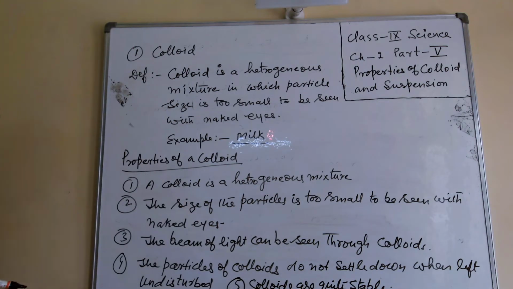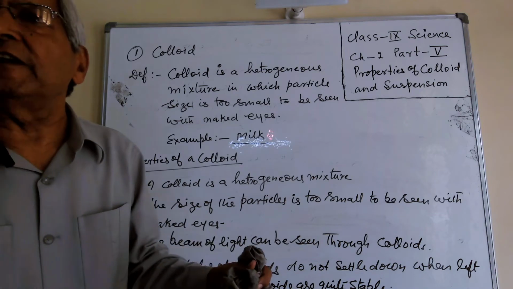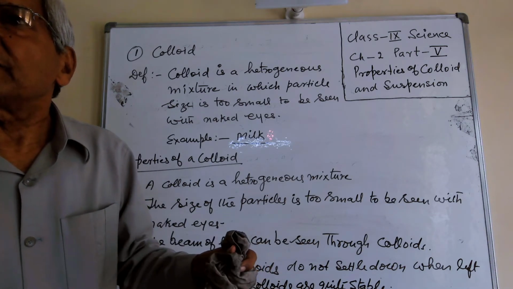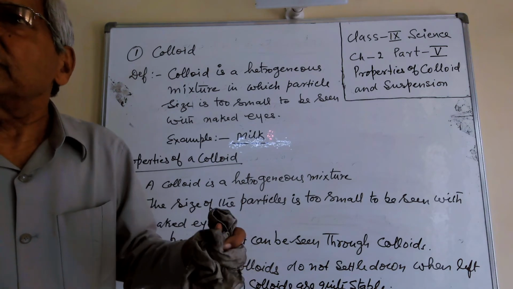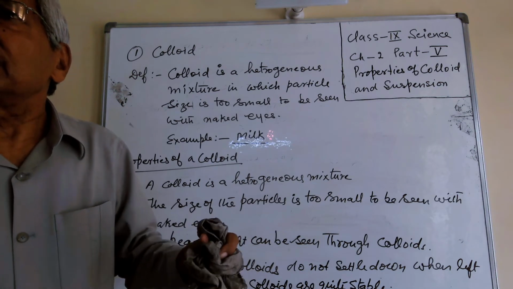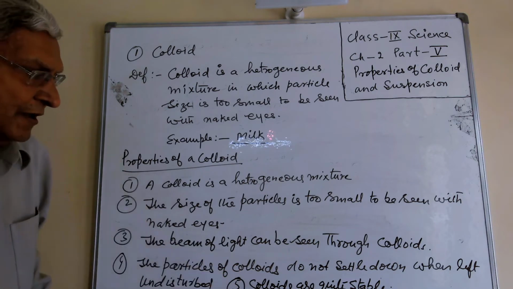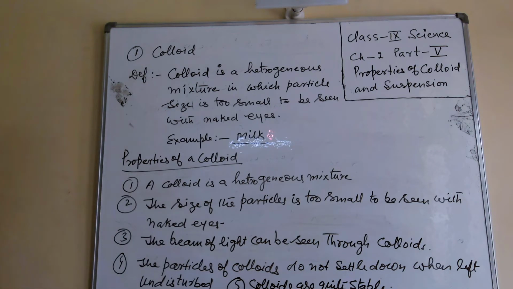Fourth property, the particles of colloid do not settle down when left undisturbed. My dear students, if you leave the colloid solution or colloid mixture, after some time you will see the particles do not settle down. This is the fourth property of colloid.